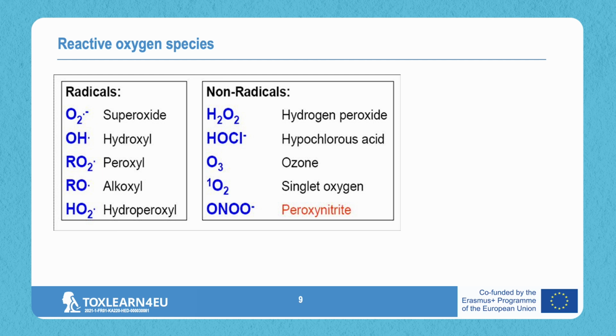We have mentioned already the superoxide and hydroxyl, and the hydrogen peroxide, which is a non-radical. But of course, if they interact with organic molecules or with others, we can see that we have different kinds of radicals that belong to the prooxidants and non-radicals.